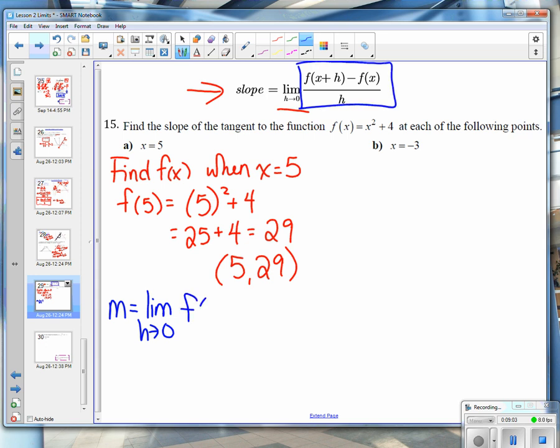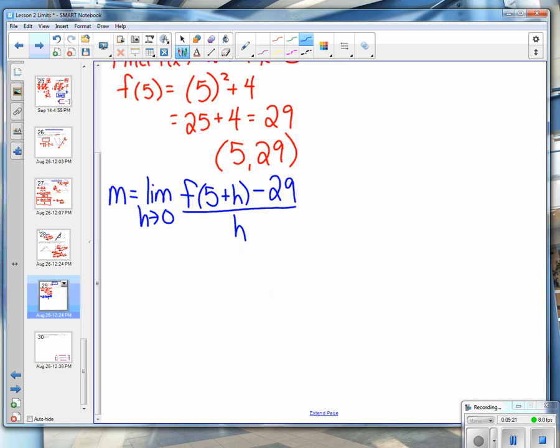So this is going to be f of 5 plus h, since we know x is 5 and h we don't know, minus f of x, which we just solved to be 29, all divided by h. All I've done is substitute all of our information into that formula. Now we keep going. The limit as h approaches 0.